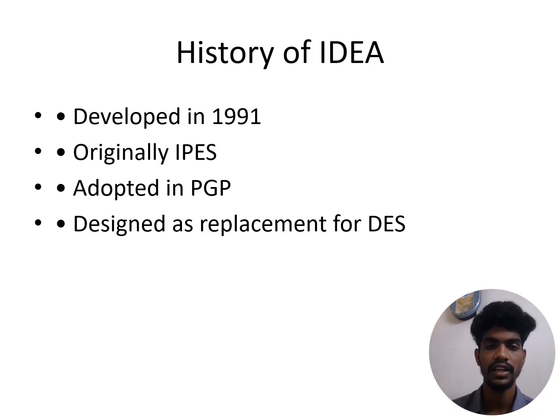After further development, it was renamed IDEA. The algorithm became widely recognized when it was used in PGP, Pretty Good Privacy, which was a globally used secure email encryption system. Despite being patented earlier, IDEA became highly respected for its security strength.